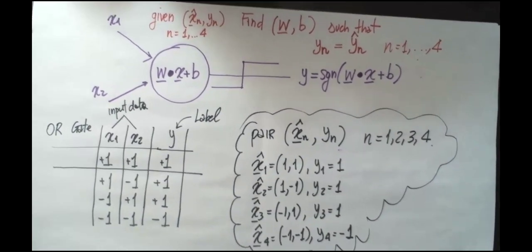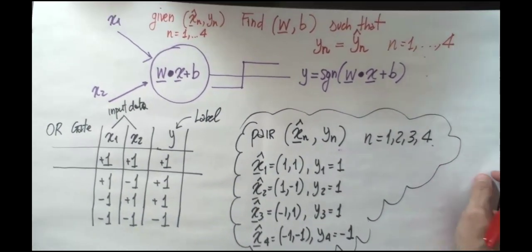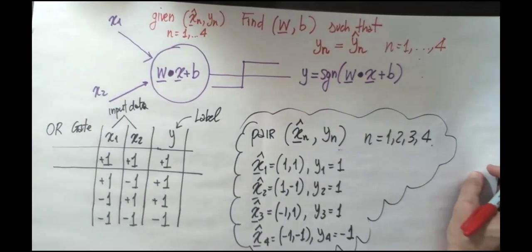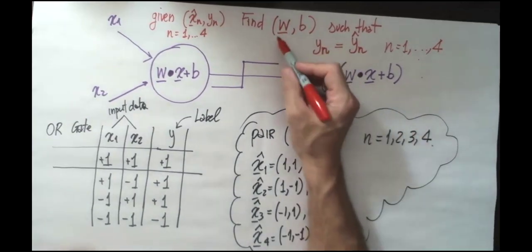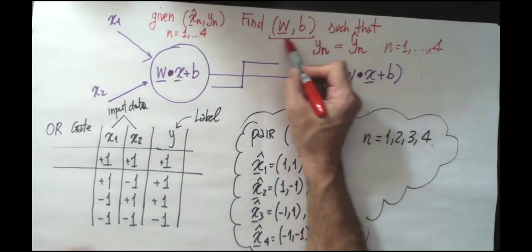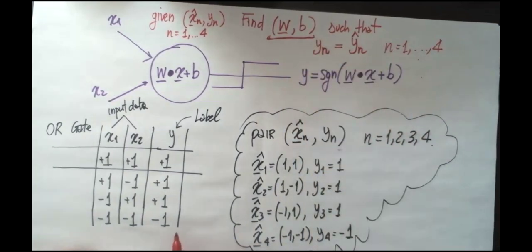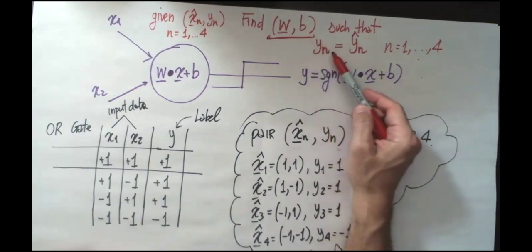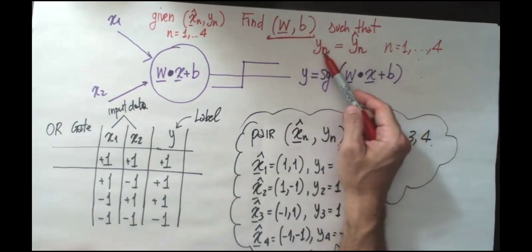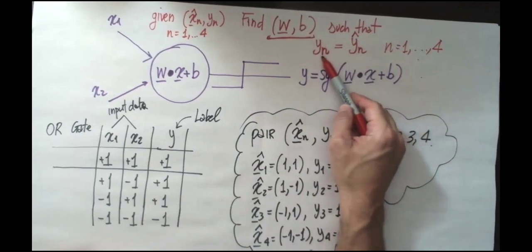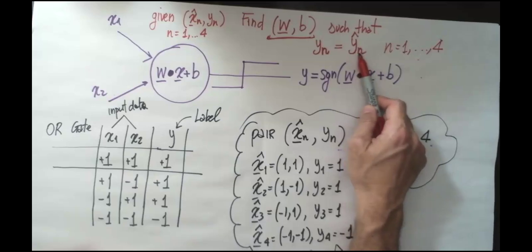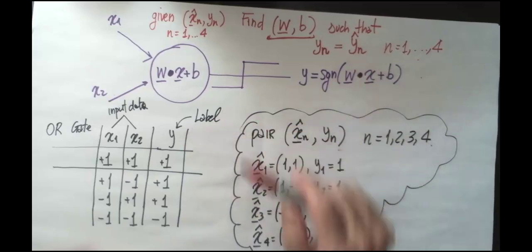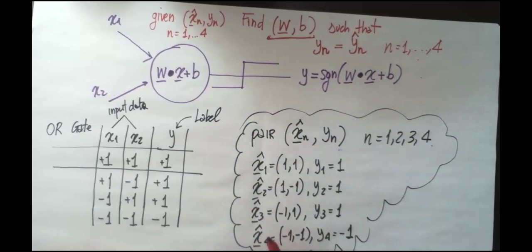Okay? So that's what we want to solve. So we want to find the parameters so that the output of the perceptron is equal to the label data.